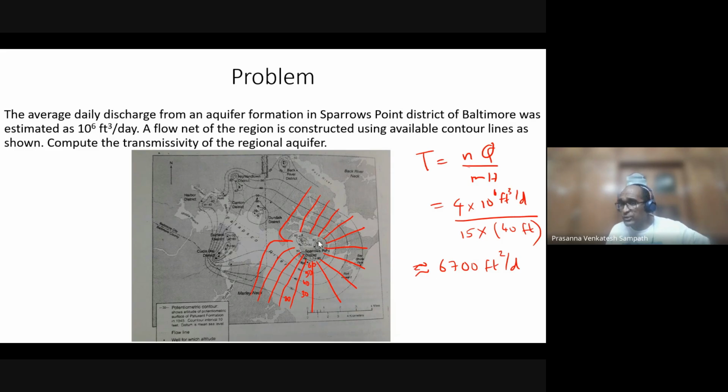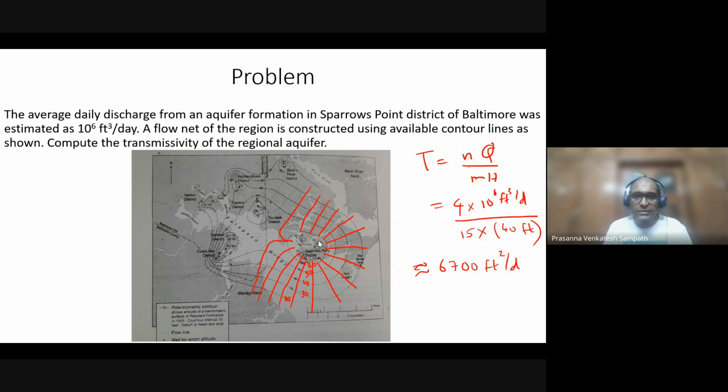So the whole thing assumes that we are trying to get a square kind of shape to the extent possible. If you make them narrow, it will no longer be that equation that we wrote, M k h by n. That equation is only applicable if the flow net is square. We are trying to make it as square as possible, right?